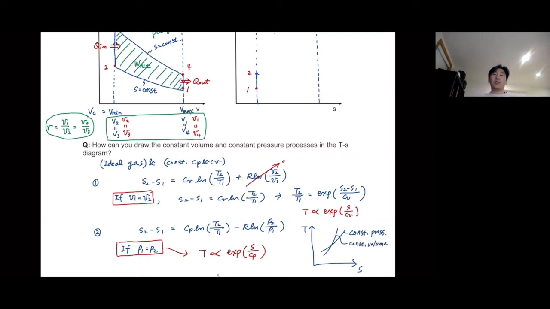That is how we can draw the TS diagram for constant pressure and constant volume processes when we talk about ideal gas and constant Cp and Cv. Even when you deal with a working fluid which is not an ideal gas, or an ideal gas that does not have constant Cp and Cv, the slope would be different, but the general trend in terms of the curve shape would still be the same.